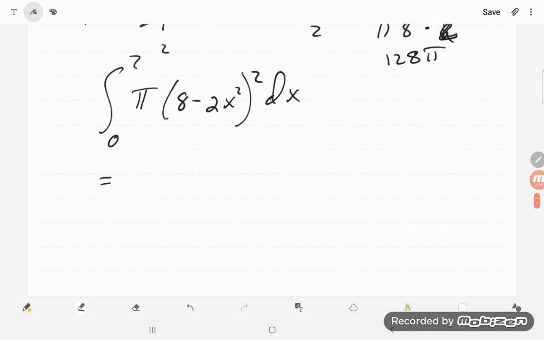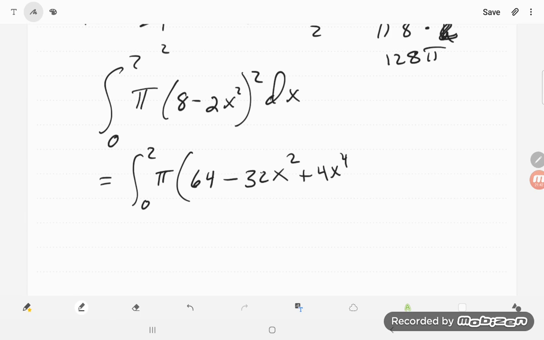So this is the integral from 0 to 2 of pi times 64 minus 32x squared plus 4x to the 4th dx.